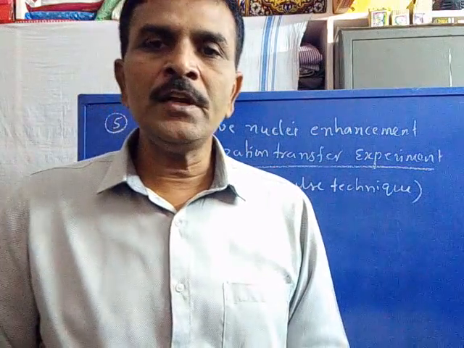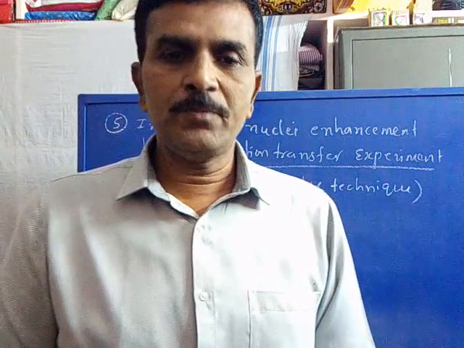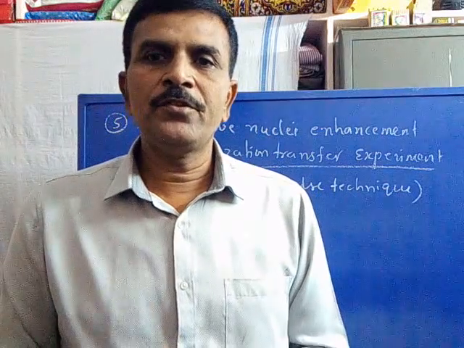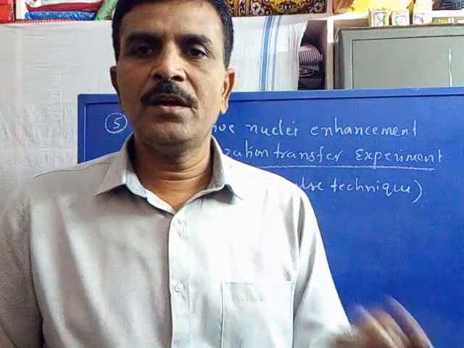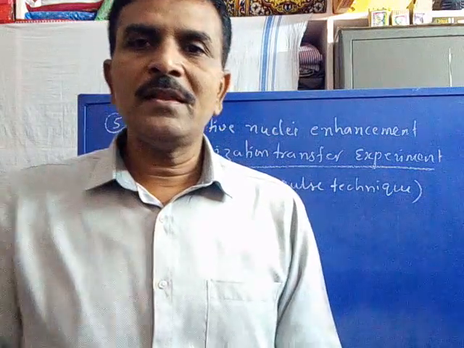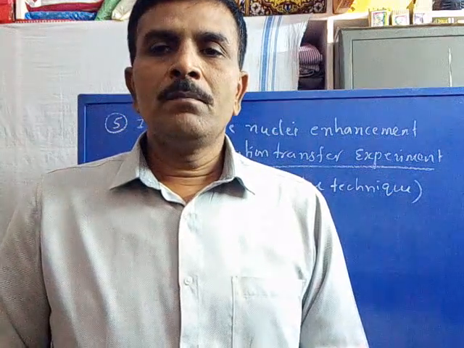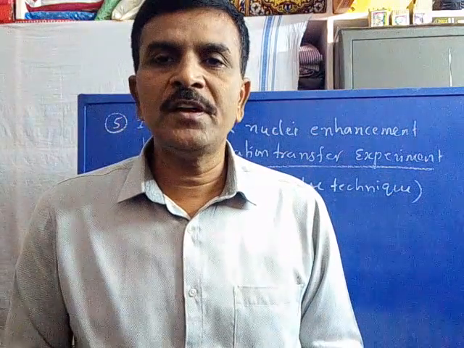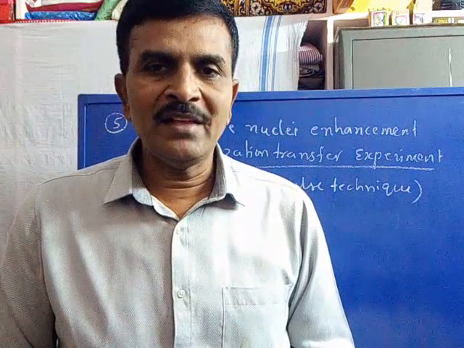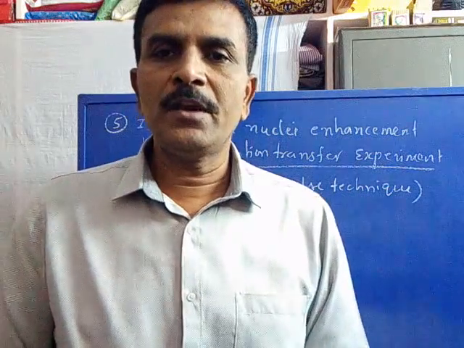Therefore, it was recorded by another technique called the broadband decoupled experiment, where all coupling interactions 1J, 2J, 3J, 4J were eliminated, so that every carbon signal appears as a singlet. However, although it is simple, some information is lost in the broadband decoupled spectrum regarding the type or nature of the carbon. The carbon may be CH3 or CH2, whatever it may be.